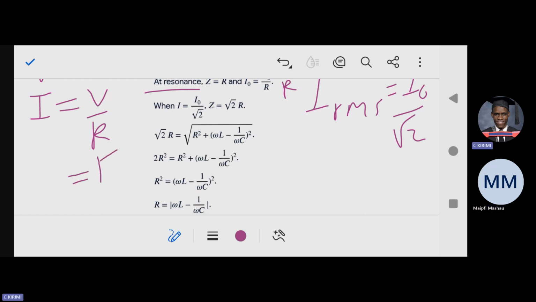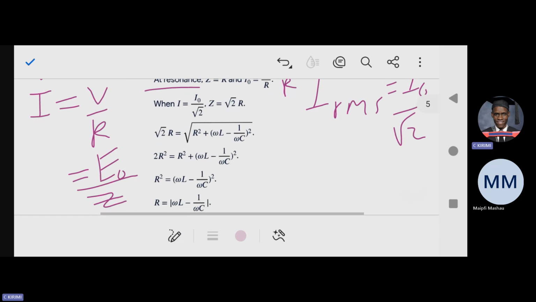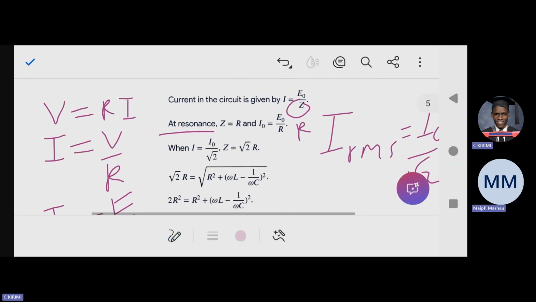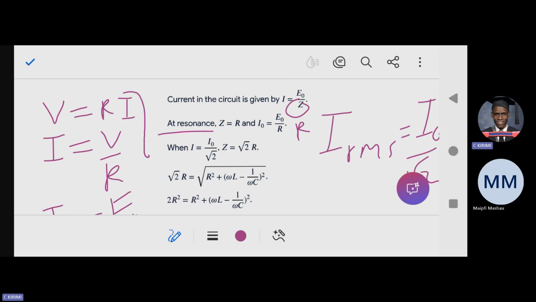The V is replaced by the EMF, and the R by the impedance. That's what we did then. And your current, the same current. Those are the only changes. This was from matric level. This information is matric level.